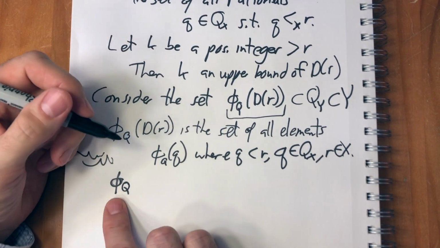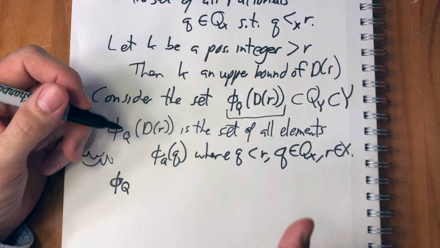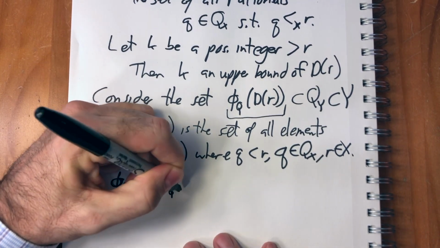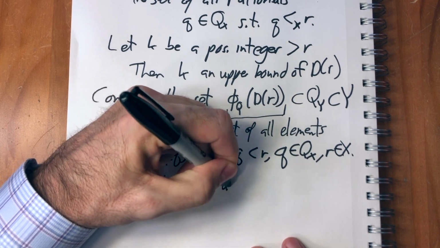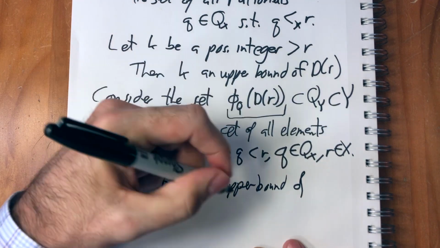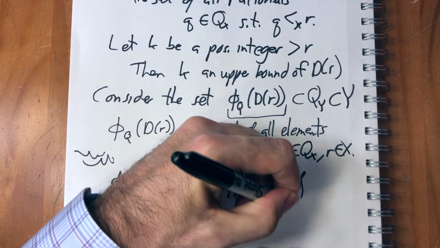We know that phi Q is order preserving. We proved that last video. So phi Q of K must be an upper bound of phi Q of dr, right?